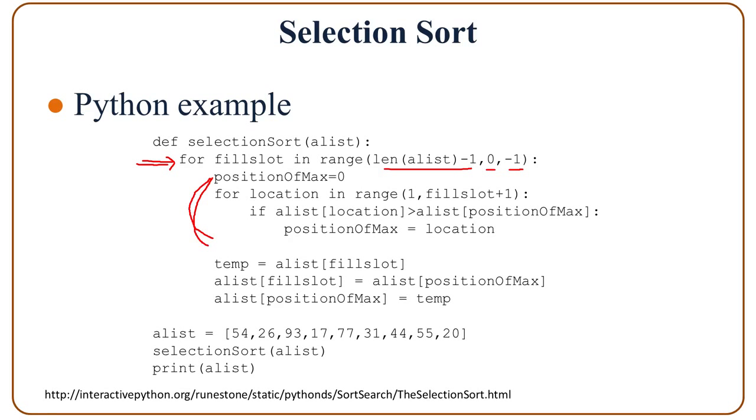And once the maximum is found, switch that with the current element. The test code here tests the array and prints the sorted array after sorting by selection sort.